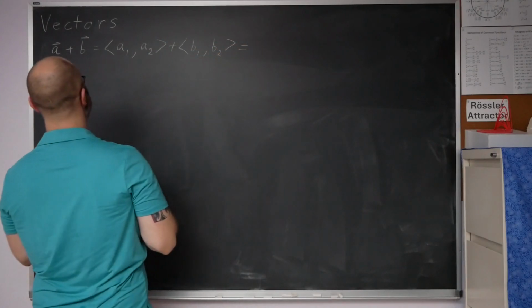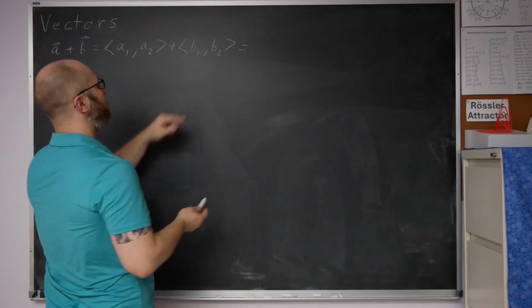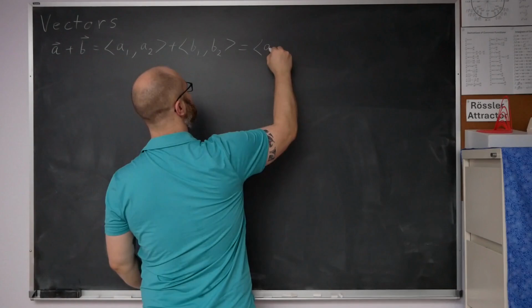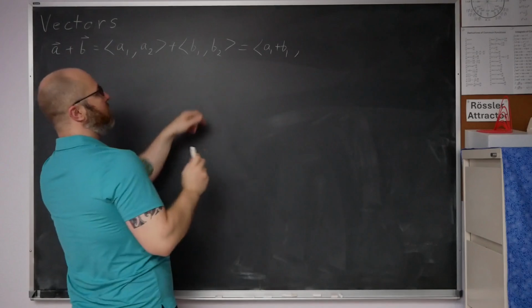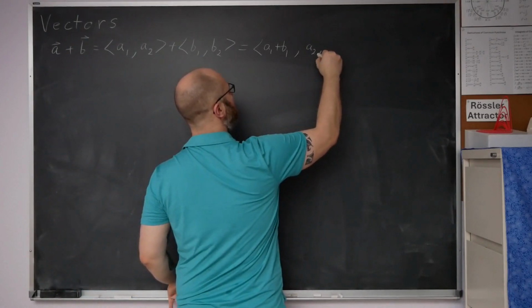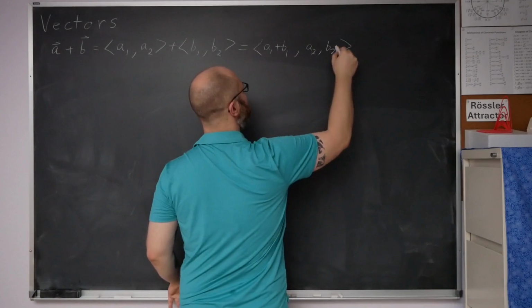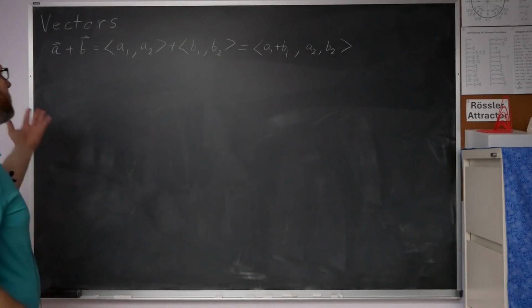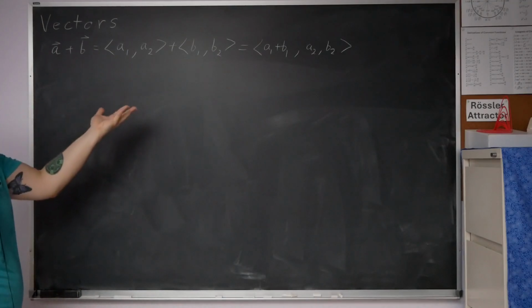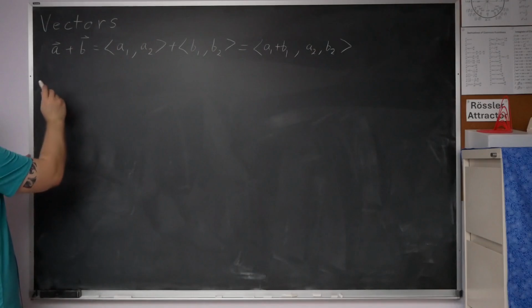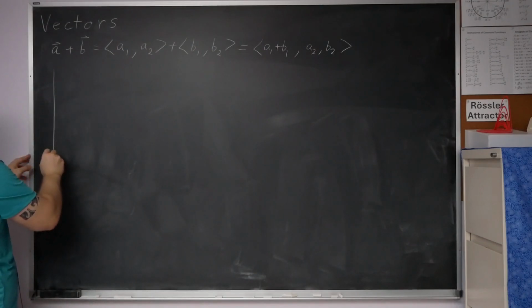If I add the vectors together, then I add A1 and B1, that's the new horizontal component, so A1 plus B1, comma, then I'm going to add A2 and B2, and that's the new vertical component. And similar in 3D, I'm not going to write it again, but you have 3 components, you add them element-wise.